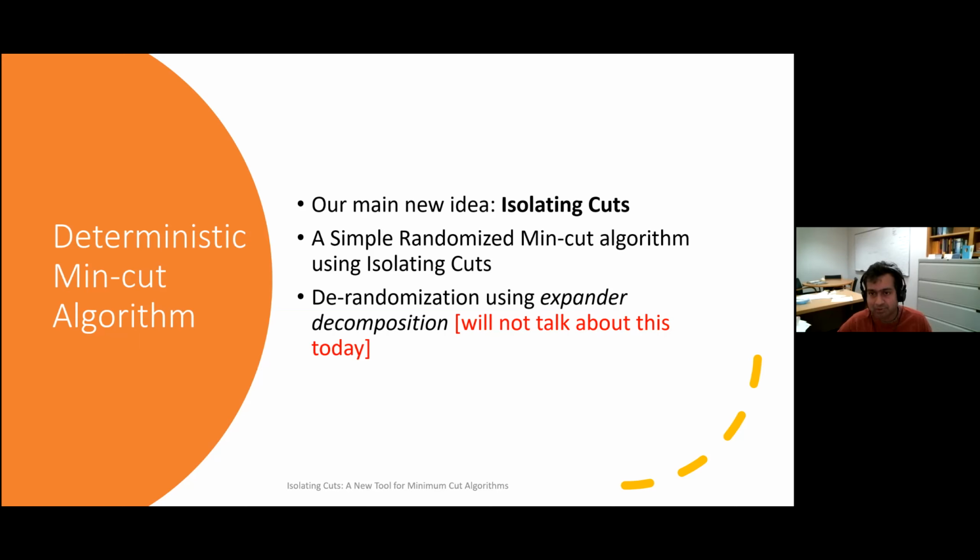I'll describe the isolating cuts principle, and then I'll talk about what this randomized min cut algorithm is. Now our eventual deterministic algorithm de-randomizes this entire process using expander decompositions, but this is something I'm not going to talk about today. If you are interested, I welcome you to read the paper, and there are some interesting ideas in the last step, but we are going to focus on the first two.